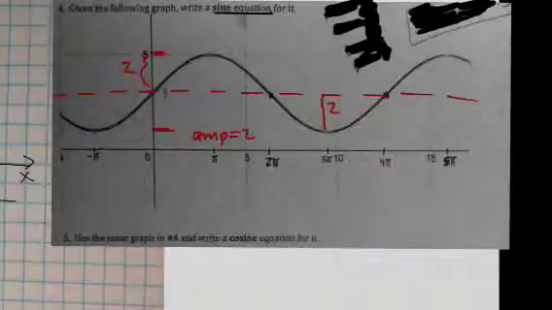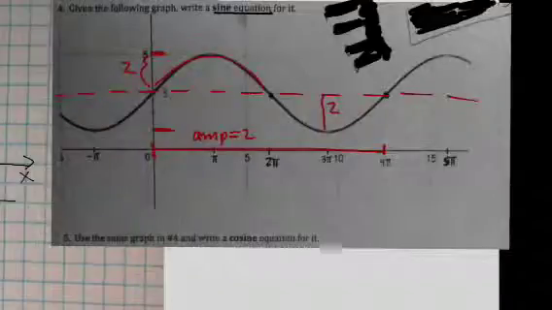So the amplitude is 2. Now the period, we want to see how long the cycle is. So it starts here at 0 and it ends at 4 pi. Okay, that's a complete cycle. That's a sine graph right there. It goes from here to middle and then minimum to 0, like that.